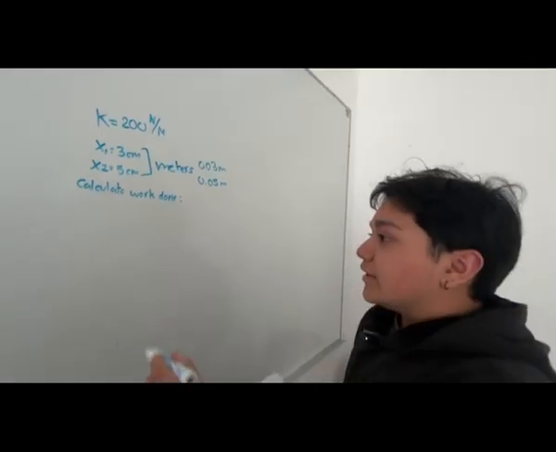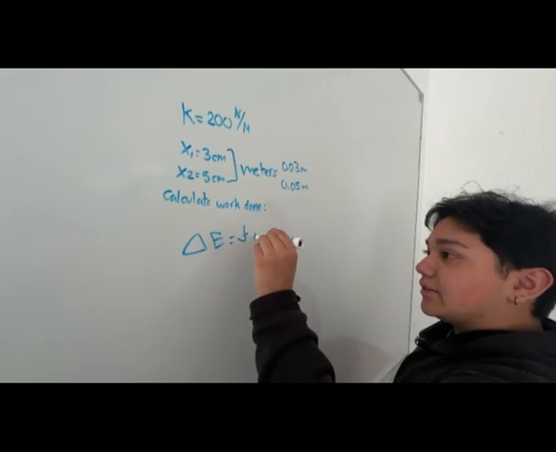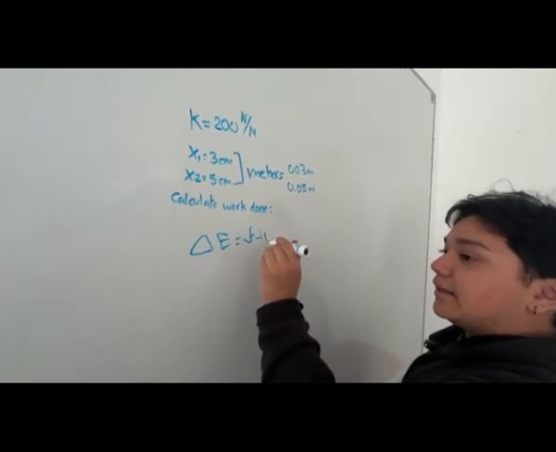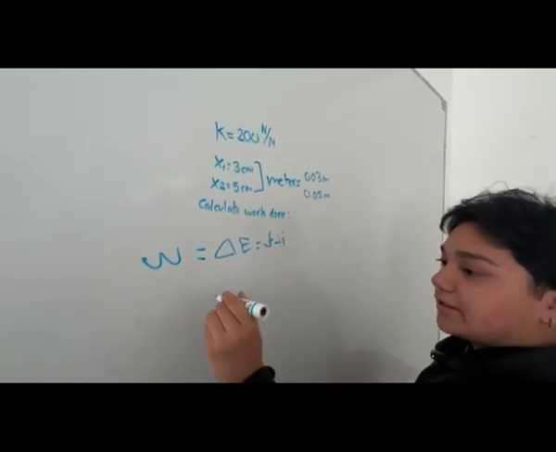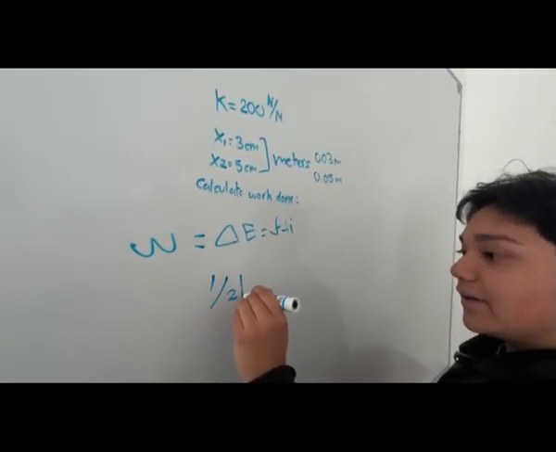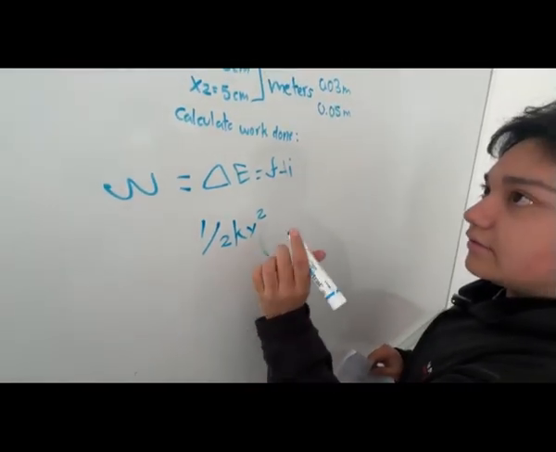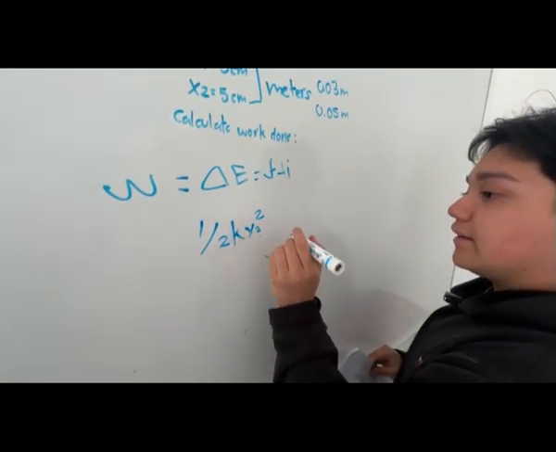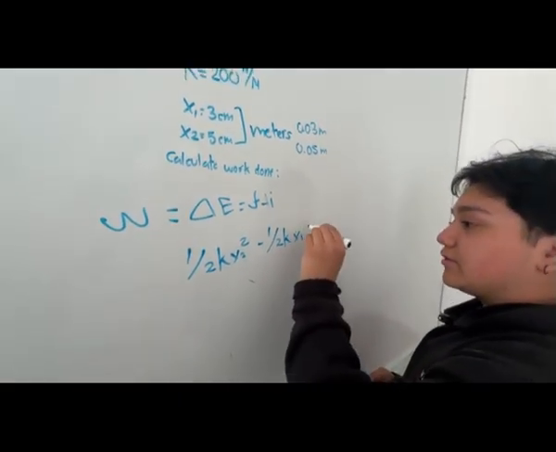So we know that the change in energy is final minus initial, and this is equal to the work done. So final minus initial is 1/2 k x squared. This is initial. No, this is the number 2 because this is the final. And then 1/2, the k is constant, so we are not going to change it.